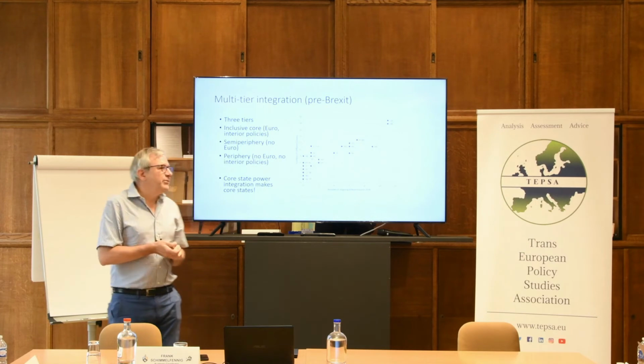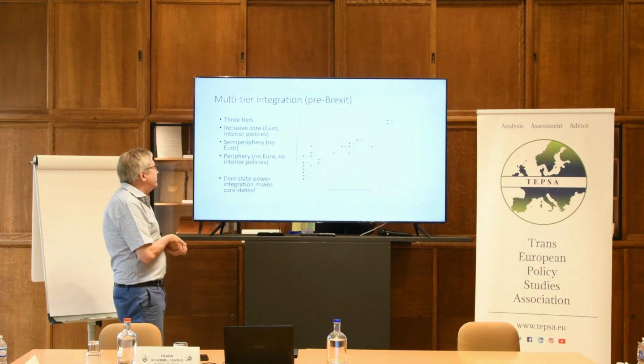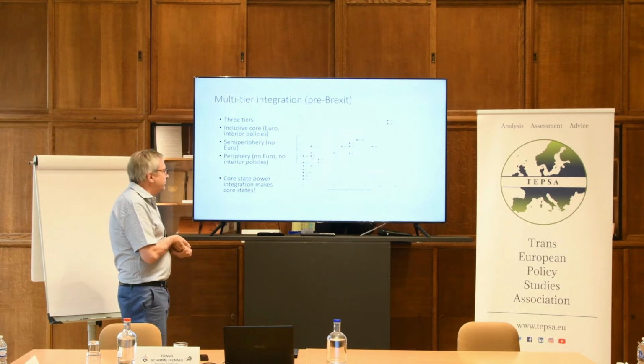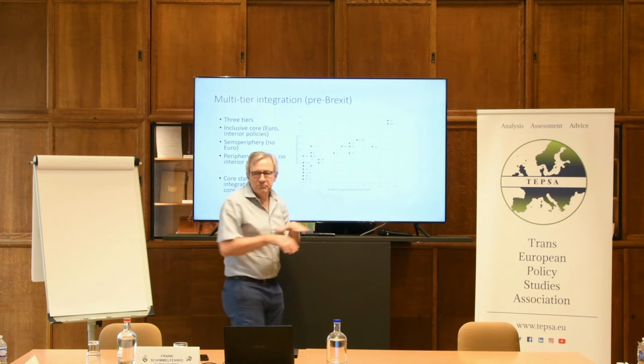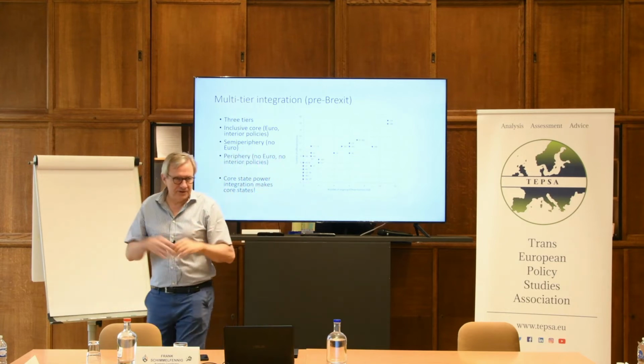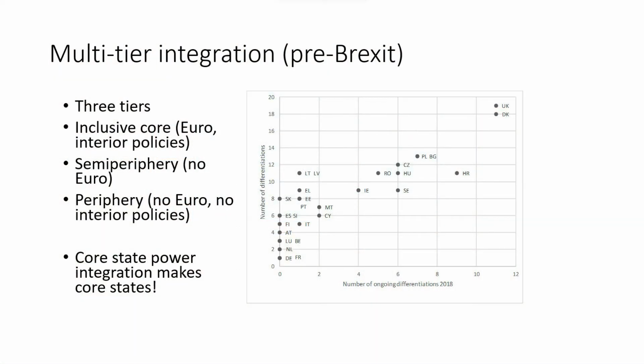That it seems to show that we have 3 tiers of members. We have one group here between 0 and 2 differentiations active. We have these outliers here, UK and Denmark, with a high number of differentiations, not only overall, but also a high number of active differentiations.